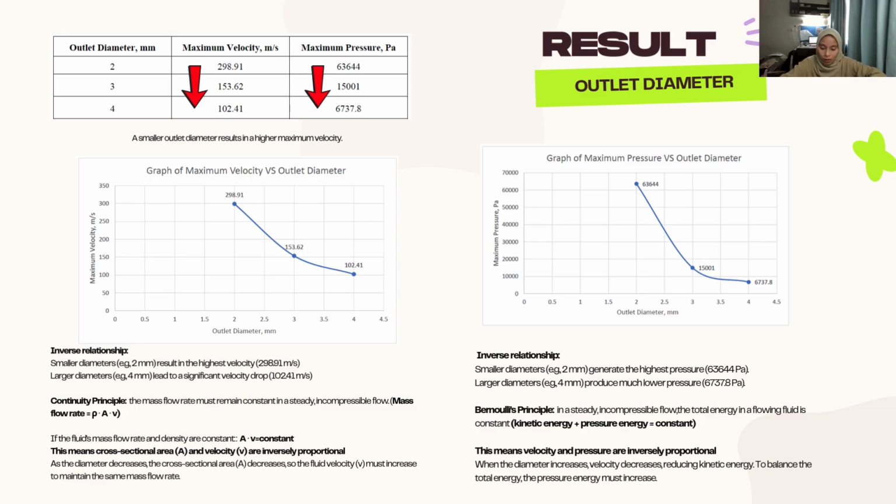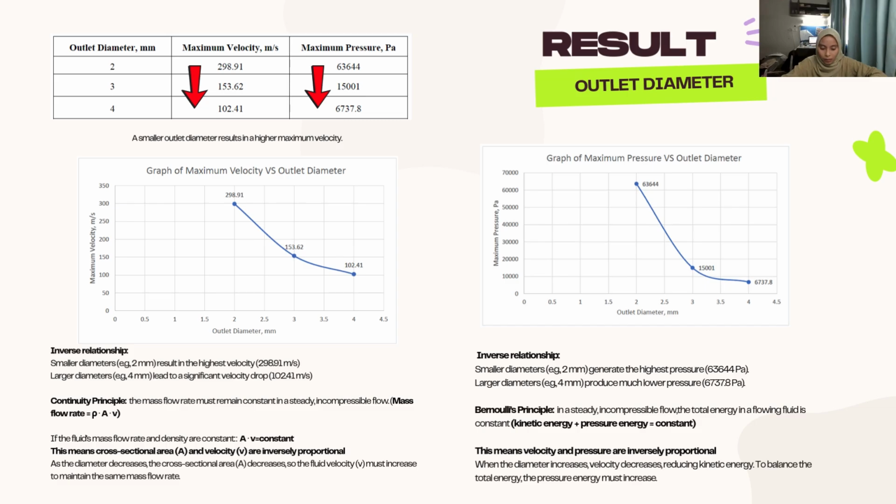This means if the mass flow rate and density are constant, it will give the constant formula AV. This means cross-sectional area and velocity are inversely proportional.